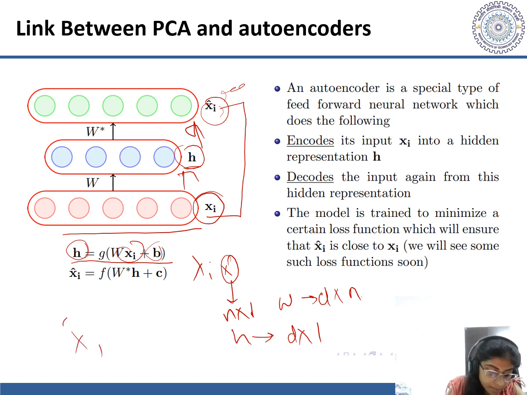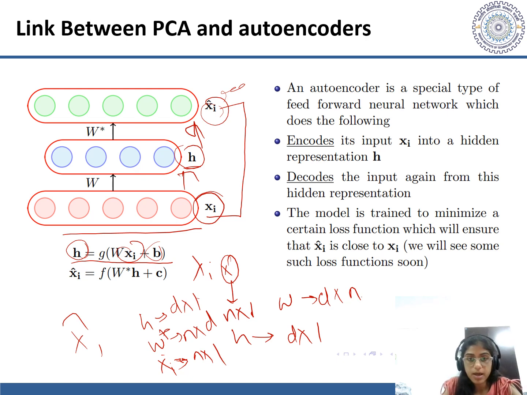And for the Xi bar, I have H of d cross 1 and W star, which is W transpose of n cross d, so I get Xi of n cross 1 dimension.